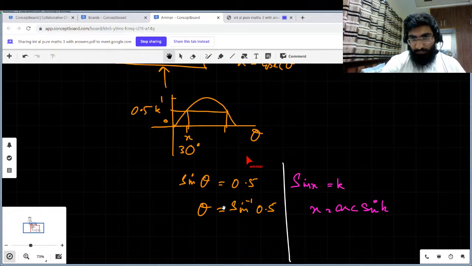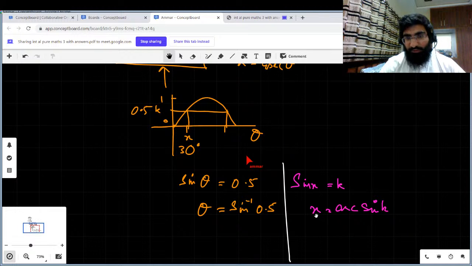It's the same. I'm just trying to give you a general rule. If instead of saying theta, and instead of 0.5 or some other value, how could I say a general equation which would give me the value of x, or the value of theta?